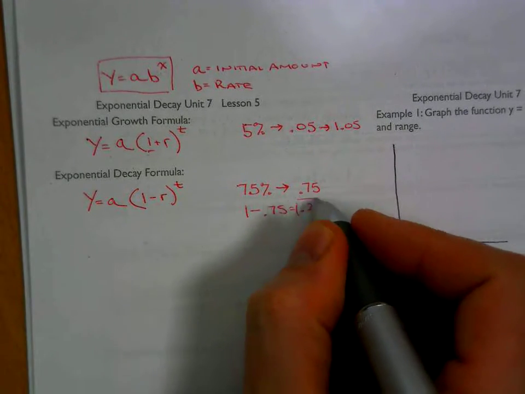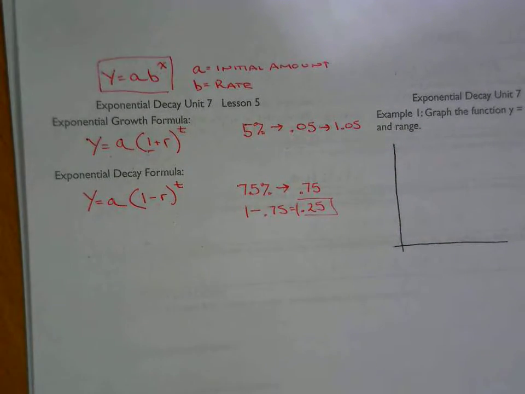So if you are decreasing something by 75%, say you had something that was $100, that would wind up giving you $25. You would be keeping 25% of it.